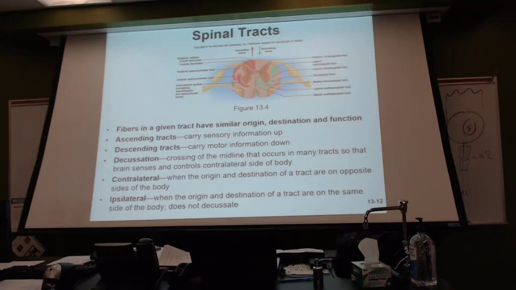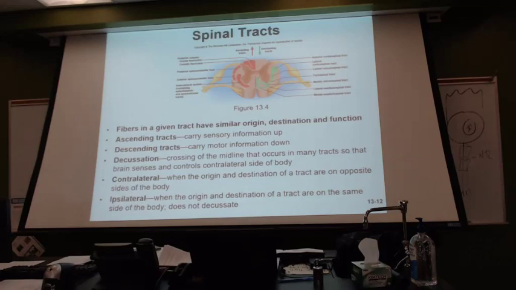So, contralateral: our origin, where something started, and destination, the effect of a tract, are on opposite sides of the body. Now, that comes into play with certain types of reflexes.